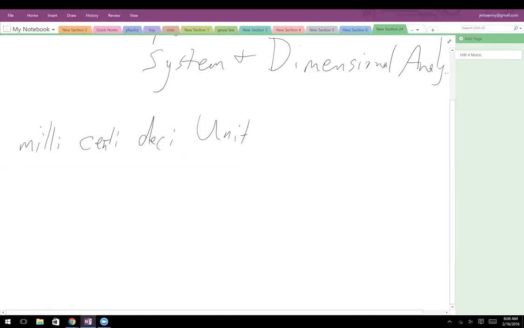So basically, whenever you move to the left, these are all smaller, so your number needs to get bigger. So if you're moving to the left, you're going to move the decimal place to the right to make the number bigger. And same thing, you can go the other way. There's deca.